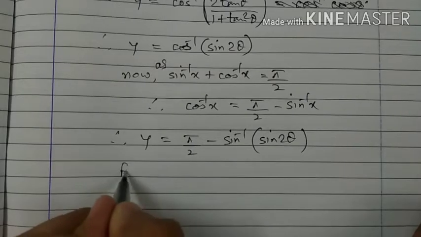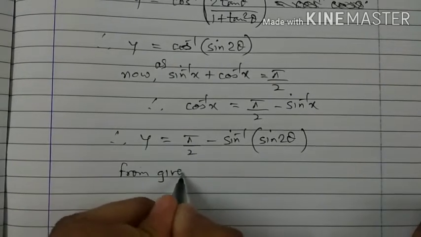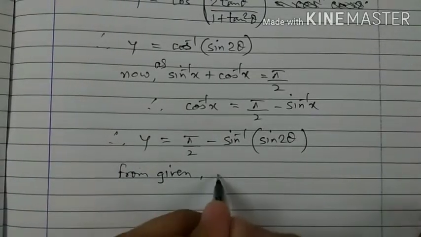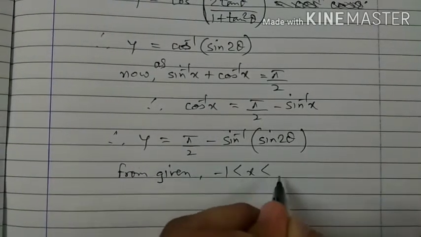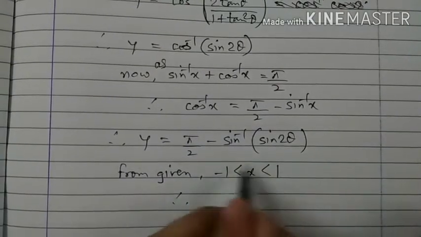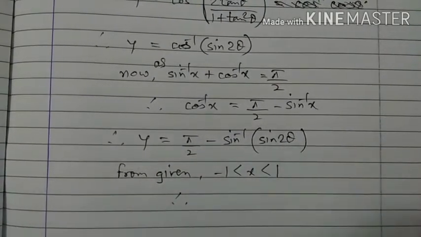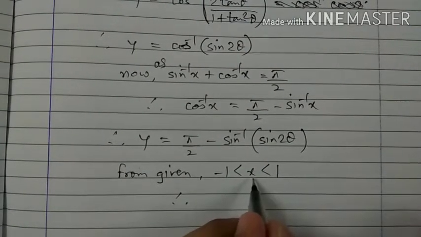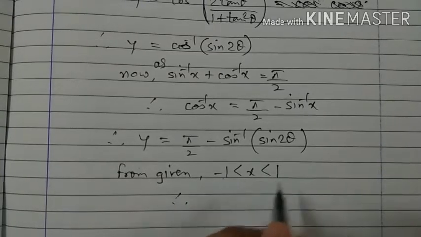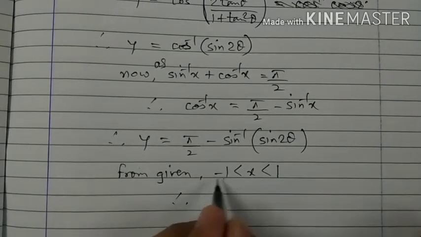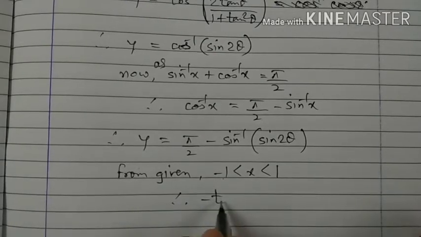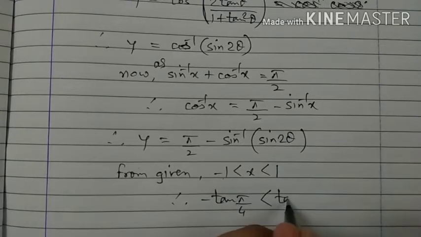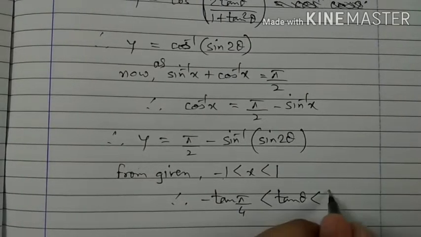So from the given condition, minus 1 less than x less than 1, now from this range of x we will try to find the range of 2 theta. For this we have already assumed x equal to tan theta, so write all these terms in terms of tan. For minus 1 I will write minus tan pi by 4, for x we will write tan theta, and for 1 we will write tan pi by 4.